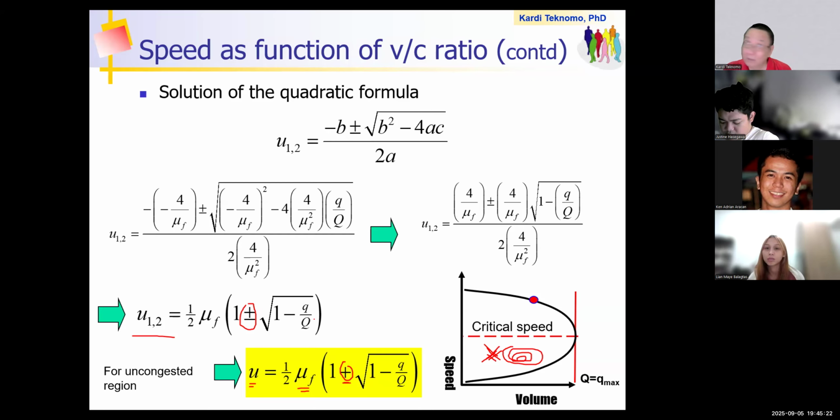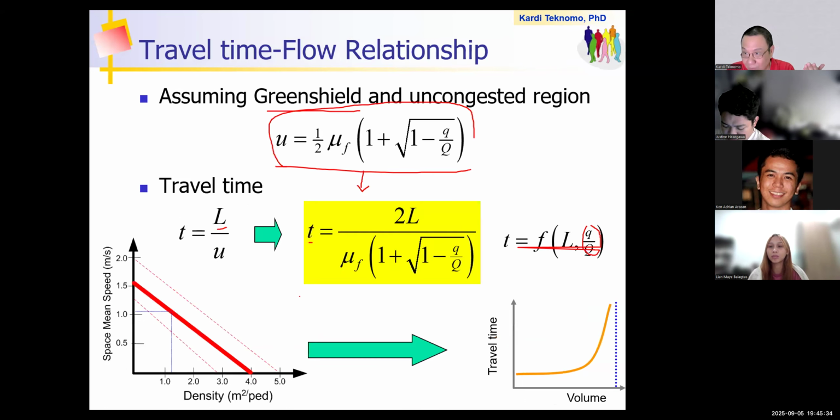In 1964, the Bureau of Public Roads in the US proposed a different function between travel time and congestion.